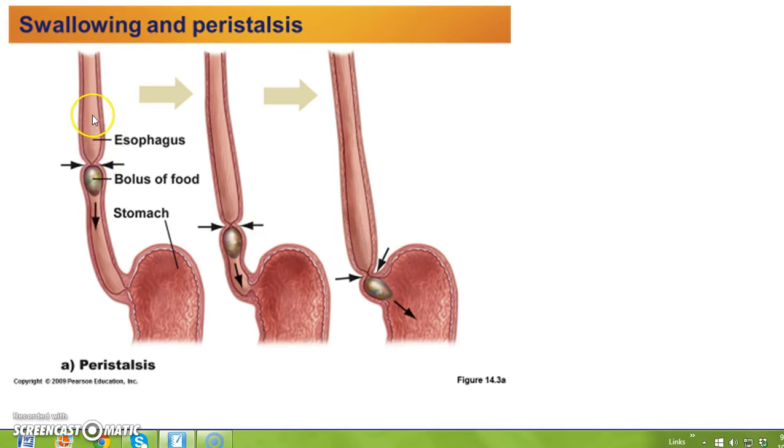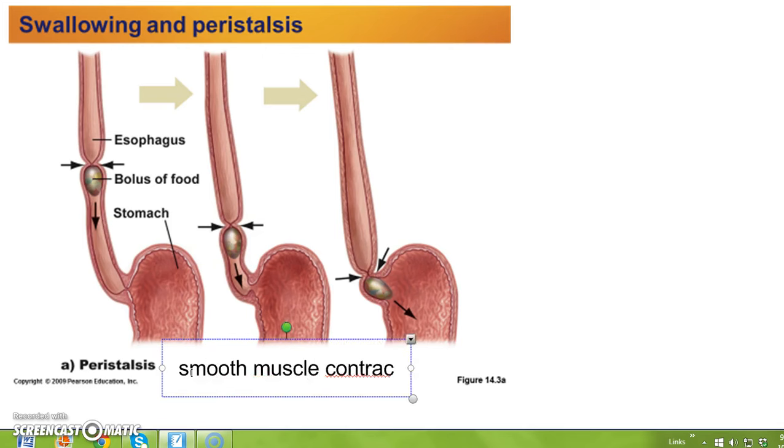From the esophagus, there are going to be smooth muscle contractions. We call that peristalsis. Again, it's involuntary. We would find peristalsis not just in the digestive tract, but also in the reproductive system when we look at how an egg is propelled down, let's say, the fallopian tubes to possibly meet up with a sperm cell and be fertilized.